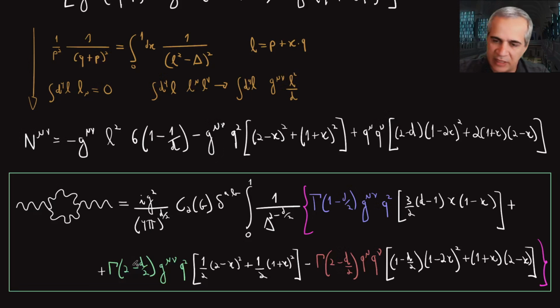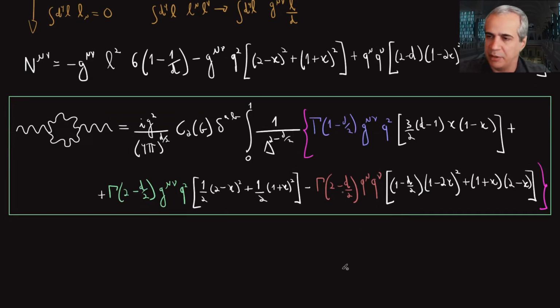Specifically, I'm always trying to get the divergent part, but here I have to be careful because this gamma here has more poles than this gamma here. If you remember, this one has poles for d equal 4, but also in d equal 2, which is a signature that, if I would speak in terms of a cutoff, this diverges both as the cutoff squared and as a log of the cutoff.